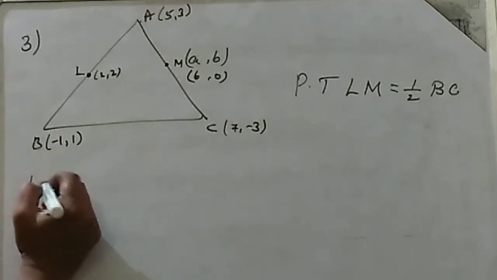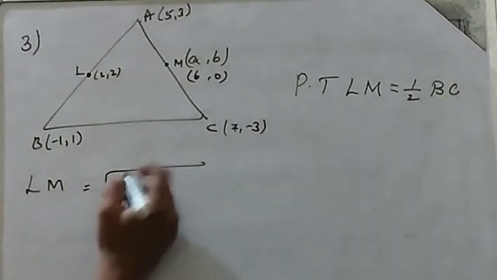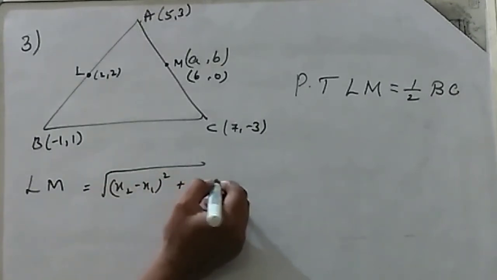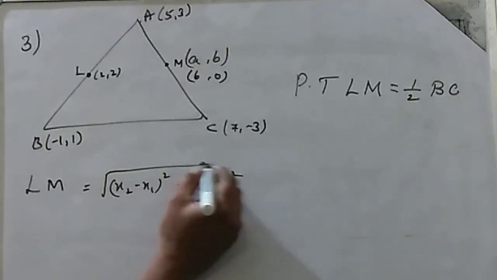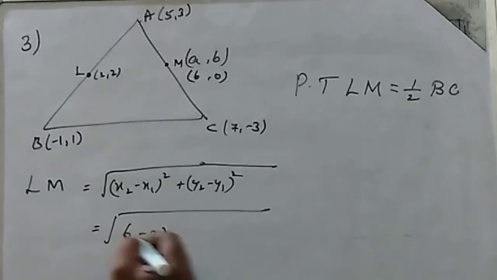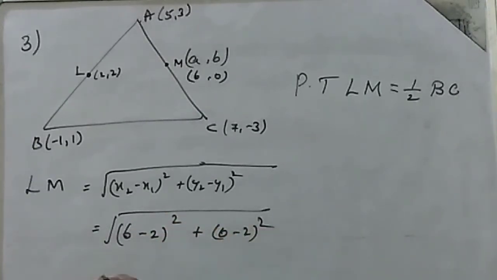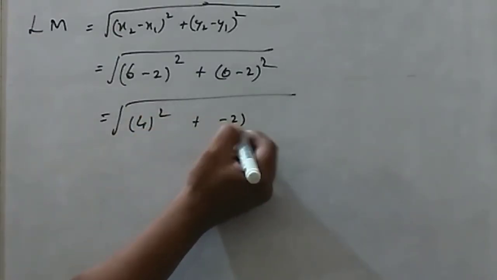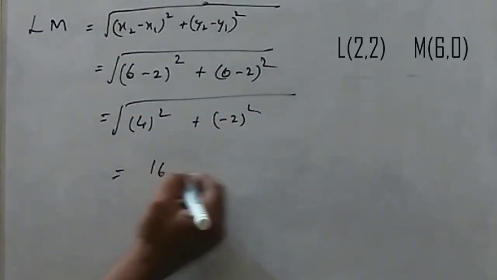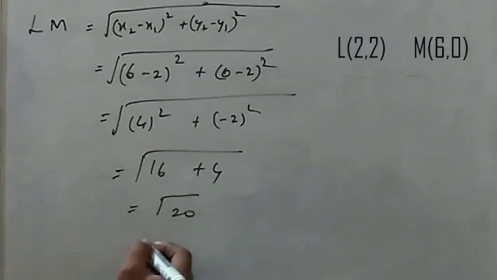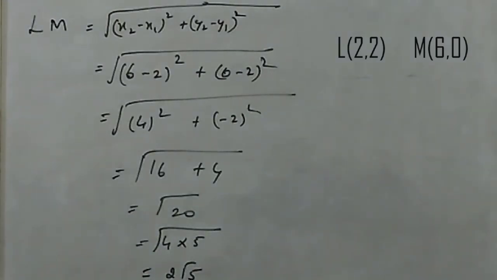Okay, so distance formula: LM is under root (x2 - x1) whole square plus (y2 - y1) whole square. (6 - 2) whole square plus (0 - 2) whole square. 4 square plus (-2) whole square. 16 plus 4, under root 20. 4 into 5 under root, so you will get 2 under root 5.